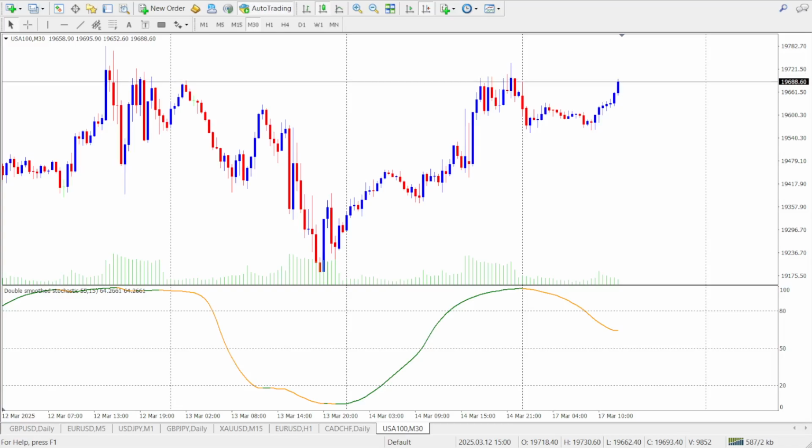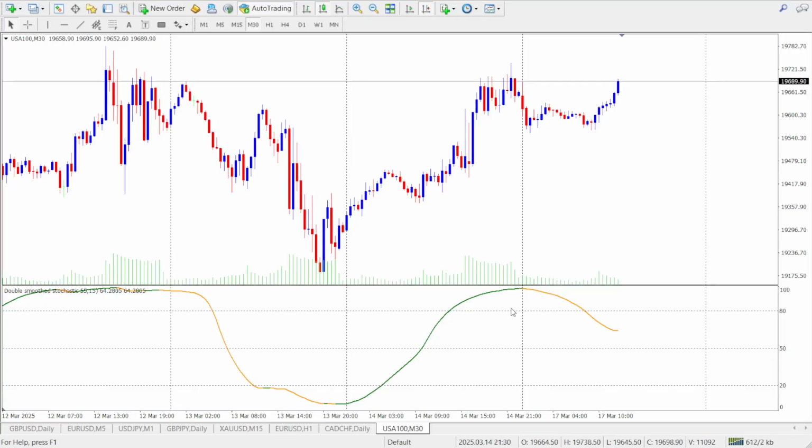Now let's talk about how the Double Smoothed Stochastic Indicator works and what signals to watch for. First of all, the indicator calculates the stochastic value by comparing the closing price to the price range over a given period.